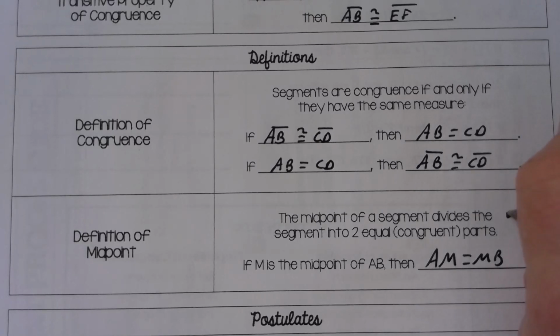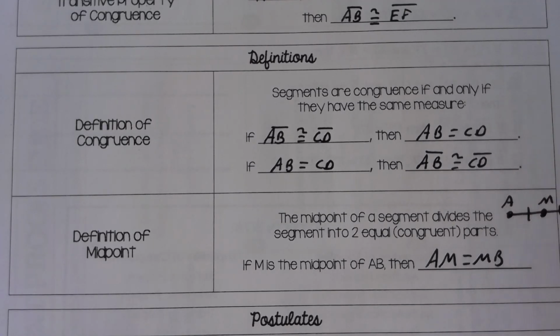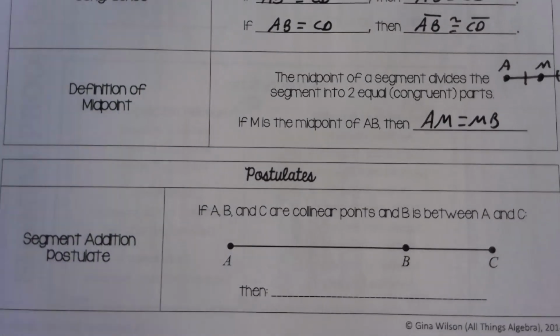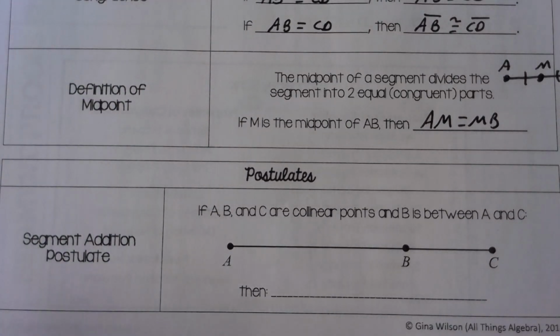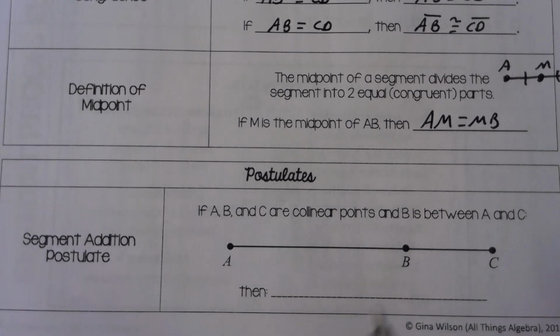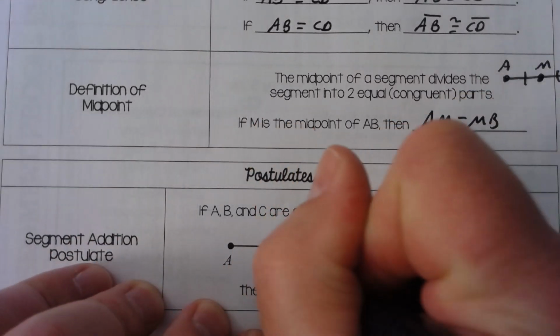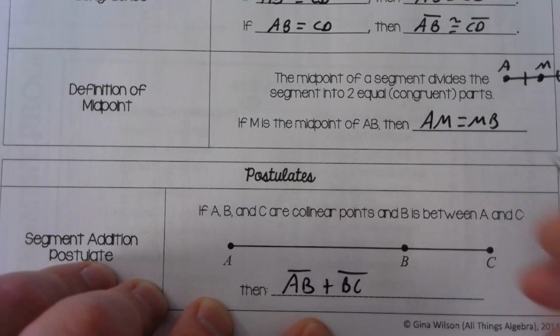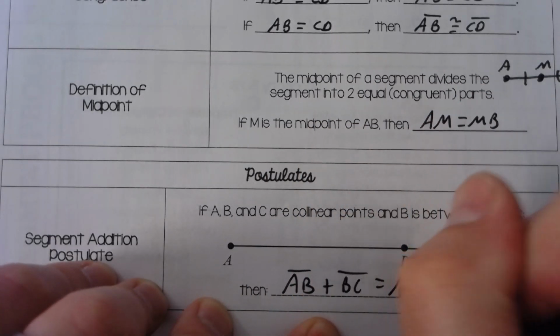Here's A, there's B, and there's my M. So that's congruent to that. Now the segment addition postulate: if A, B, and C are collinear points and B is between A and C, then AB plus BC is equal to AC.